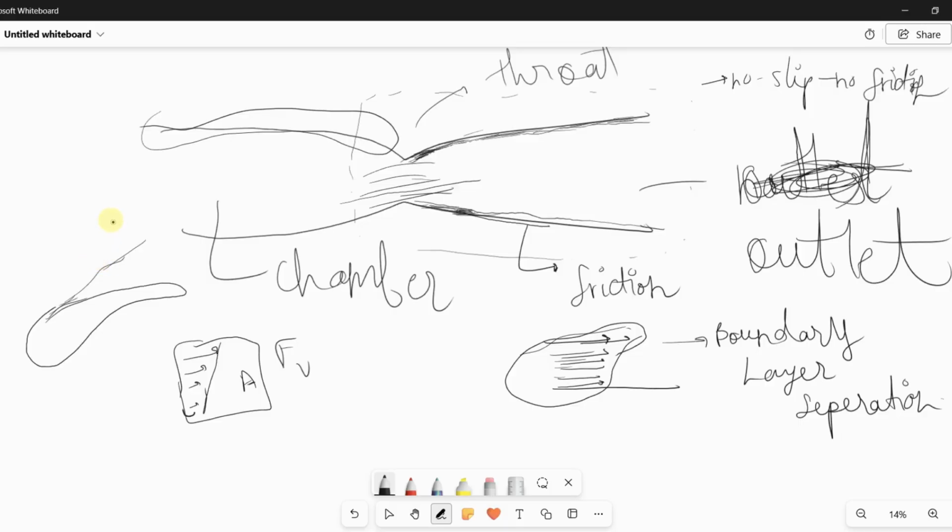Or there's also a chance that you have different mediums. So wherever the behavior of the fluid changes drastically, or where there's a separation in flow, that is when you can call it a boundary layer.